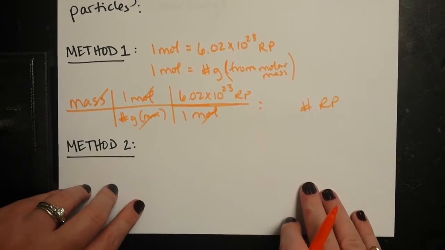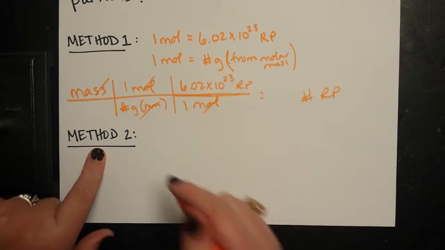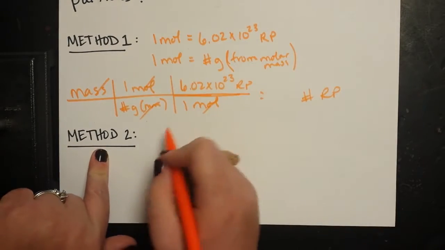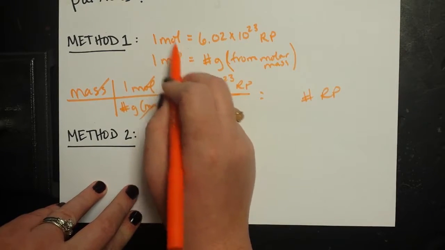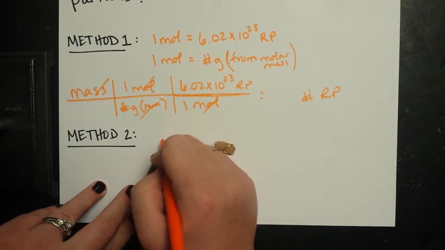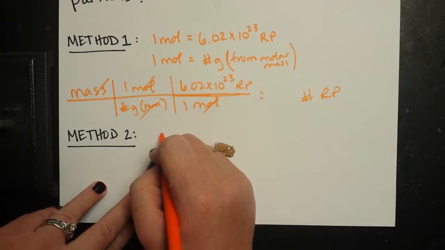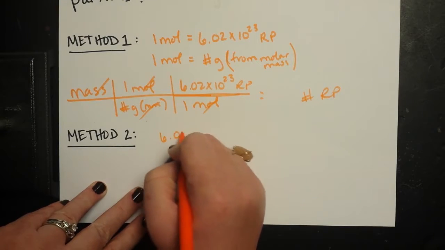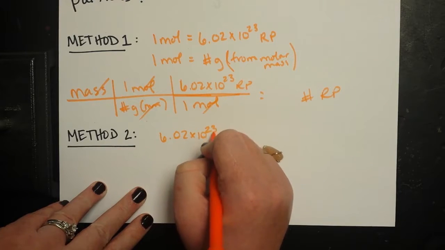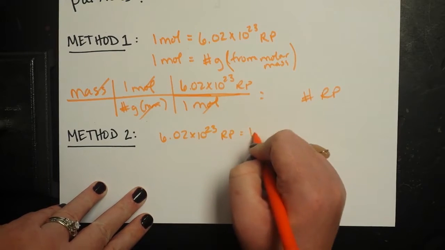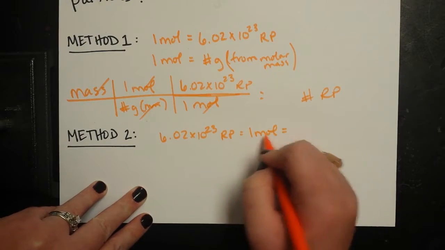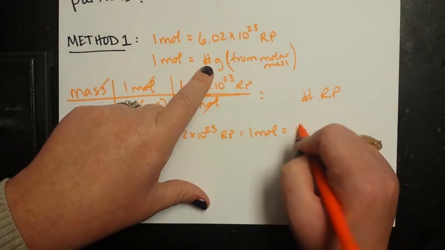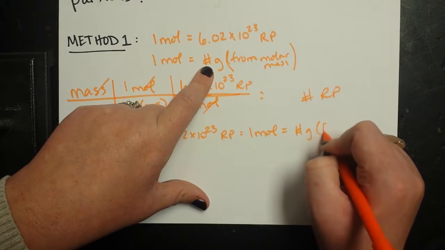Method 2 uses this kind of setup here. It takes these exact same conversion factors, but since there's 1 mole in common, they set it up like this and say that Avogadro's number of representative particles is 1 mole of whatever substance you're dealing with, which means that if you've got 1 mole, then it's also the number of grams from the molar mass.